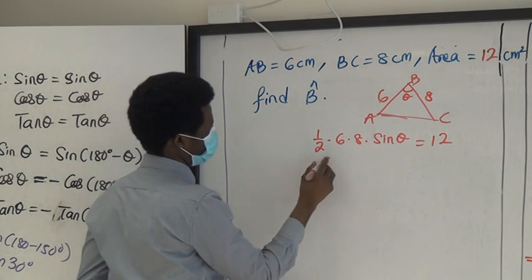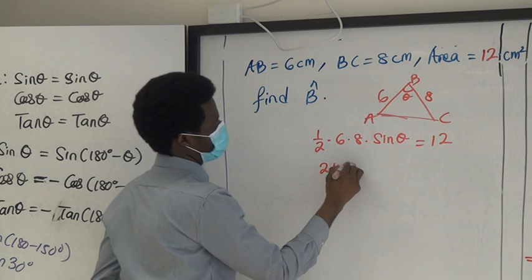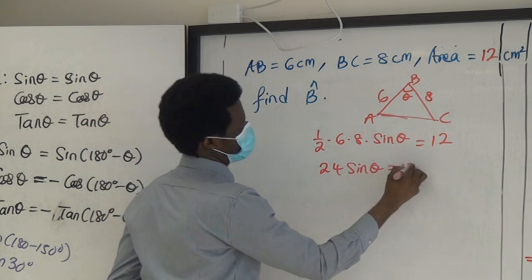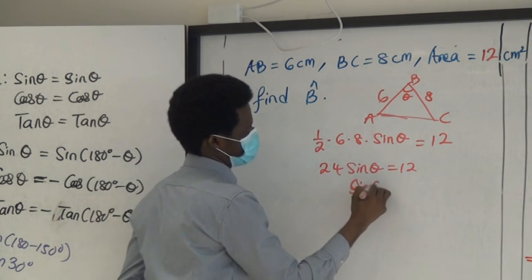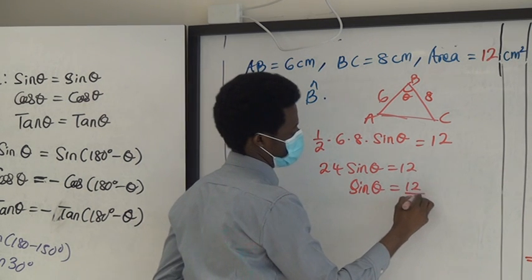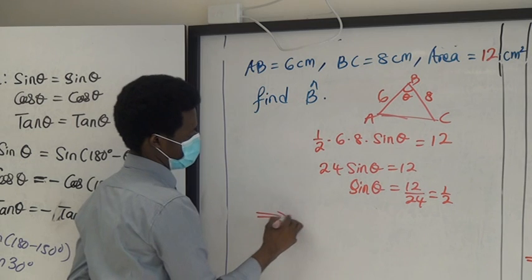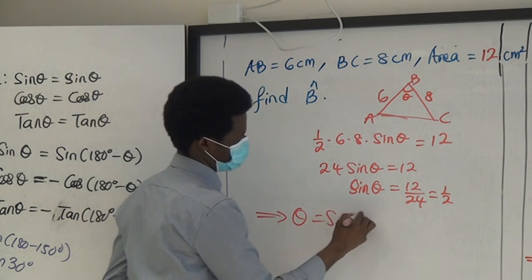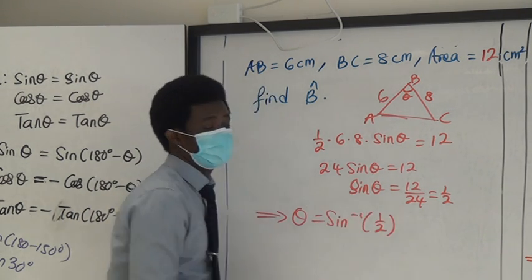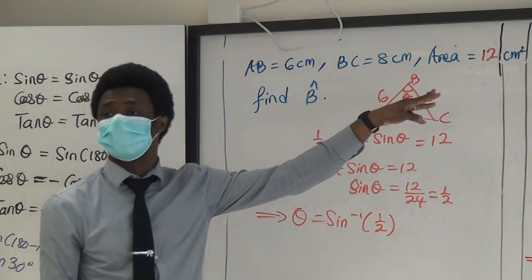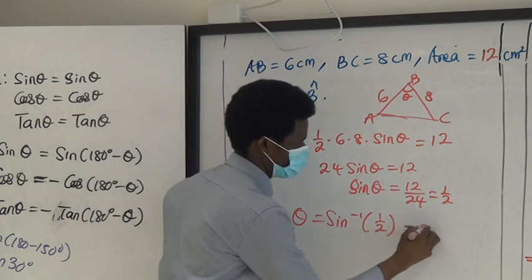So this is 24 sine theta equals 12. So sine theta equals 12 over 24. So theta is arc sine of 1 over 2, and from our table, this is 30 degrees.